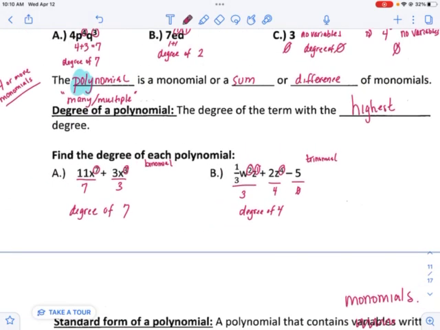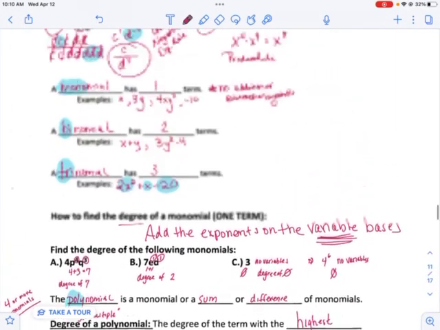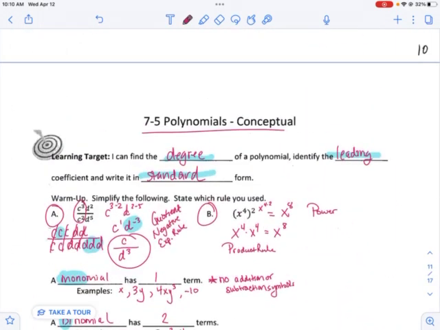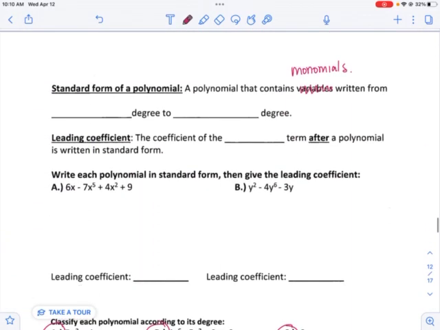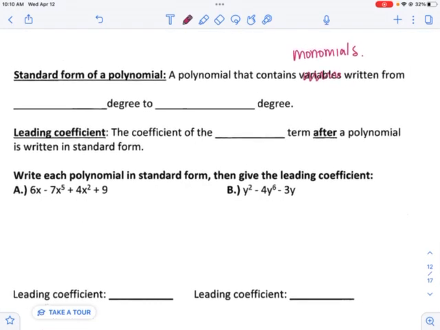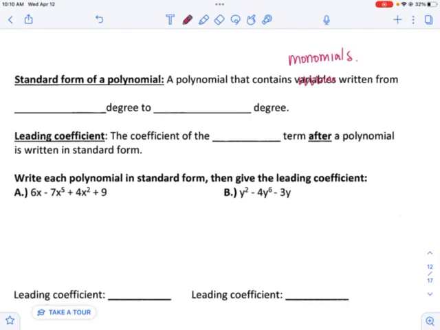All right, so again, we have identified, if we look at the target, I can find the degree of a polynomial. Done. We're going to work on identifying the leading coefficient and writing a polynomial in standard form here. All right, so the next page, standard form of a polynomial. It's a polynomial that contains monomials written from highest degree to lowest degree.